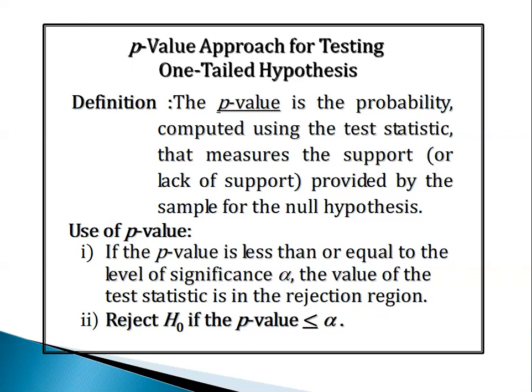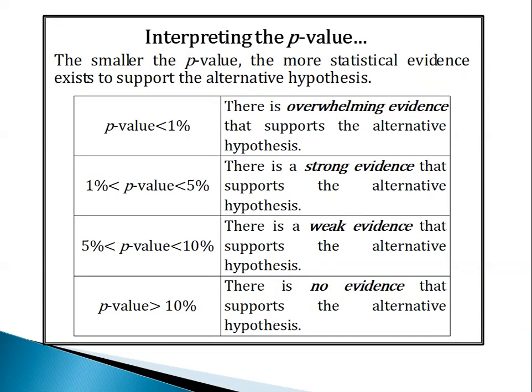The null hypothesis is rejected if the p-value is less than or equal to alpha. This is the interpretation of the p-value.